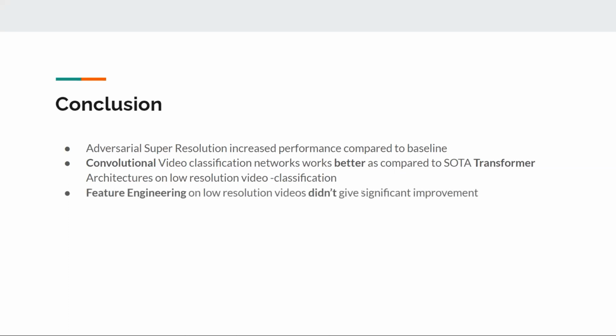And finally, we also tried feature engineering on low resolution videos, but it didn't give us much significant improvement in terms of accuracy. We also proposed a quantized adversarial super resolution approach, and we are still working on that. That one's currently in training, by the way, too. So that one's implemented. Okay, thank you very much.